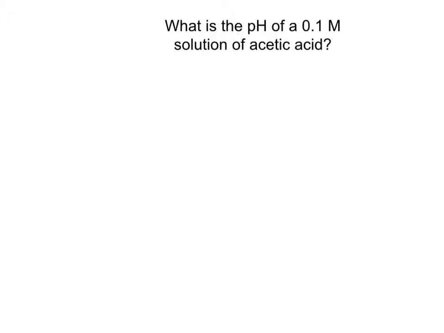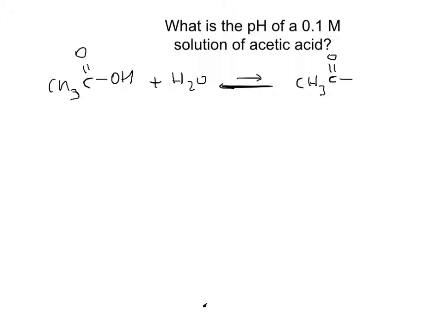So let's get going. Acetic acid is a carboxylic acid with the structure CH3, C double bond O, OH. It's the active ingredient in vinegar, and it reacts with water to form the acetate ion, which has the structure CH3, C double bond O, O minus, plus the hydronium ion, H3O plus.